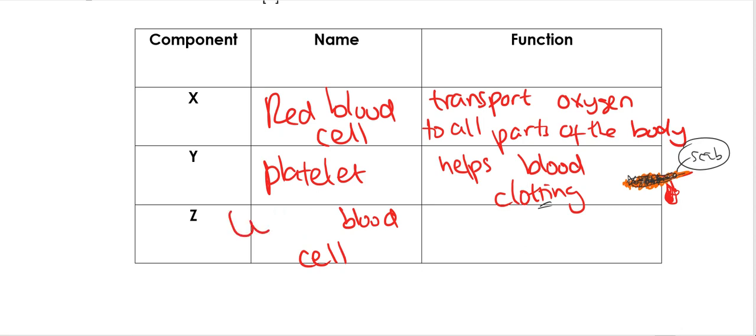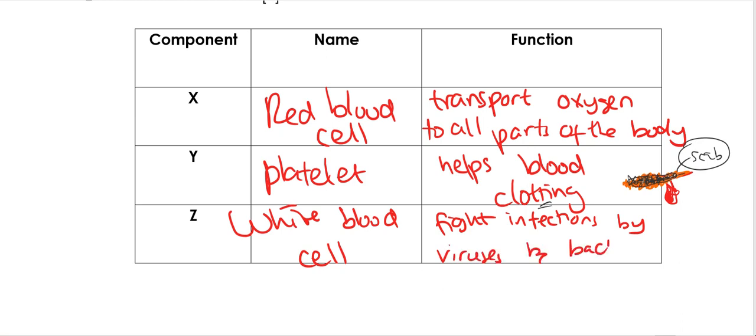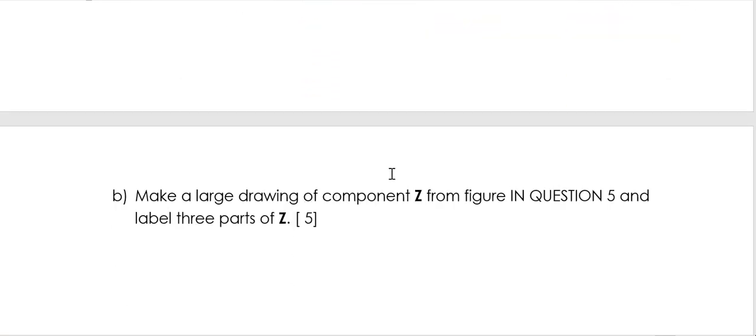White blood cell. White blood cells' main function is to fight infection by viruses and bacteria. It also makes antibodies, but let's just stick with this definition for now.